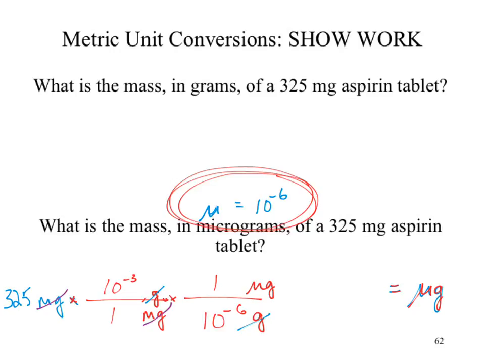Cancel it from the system. To cancel the milligram unit, where does it need to show up? It's already in the numerator. If you put the milligram up here, you can't cancel the unit. Numerator, denominator to cancel. Does it make a little more sense? Maybe. We will have to stop there, unfortunately, because we're done.